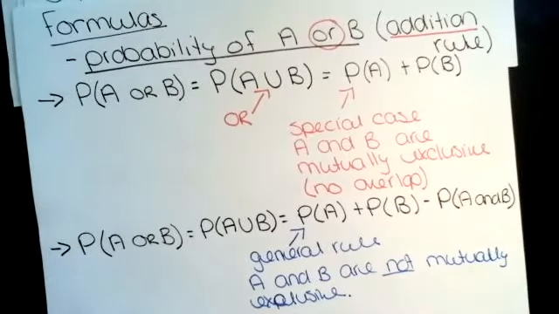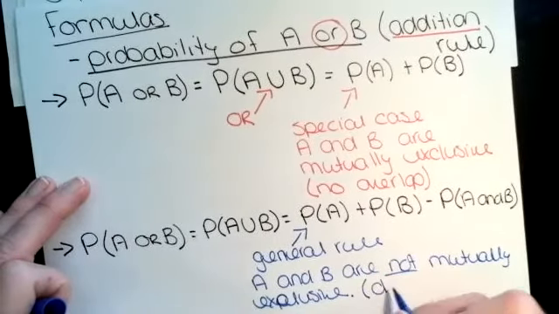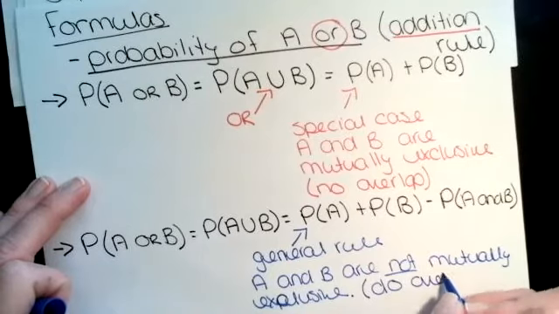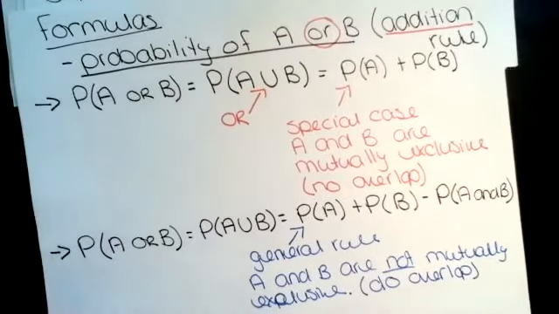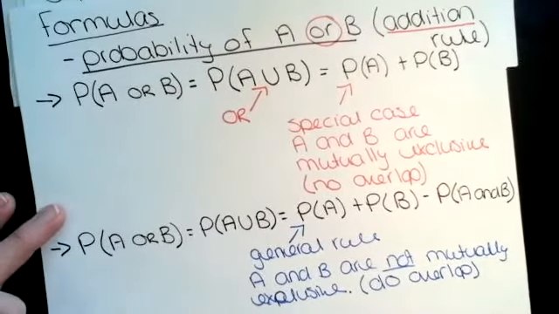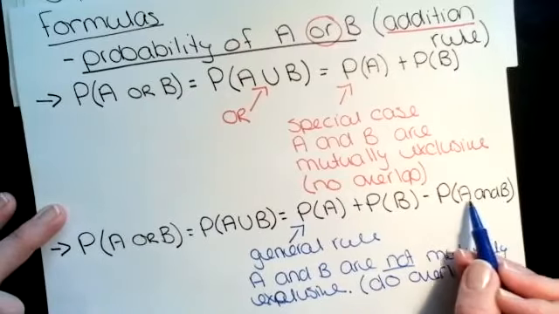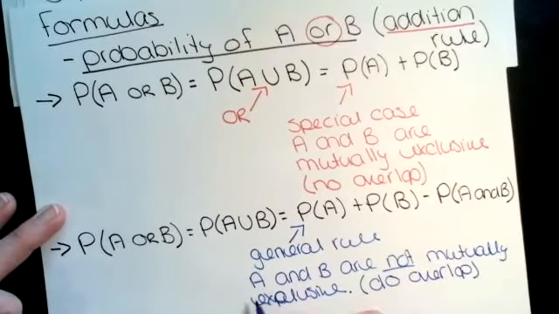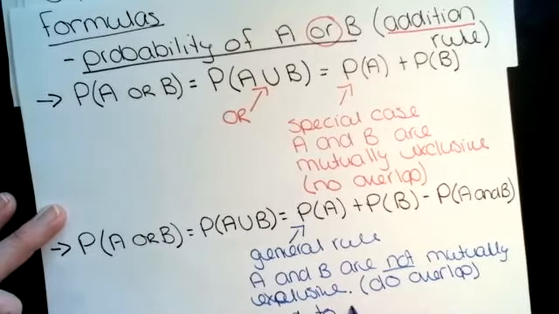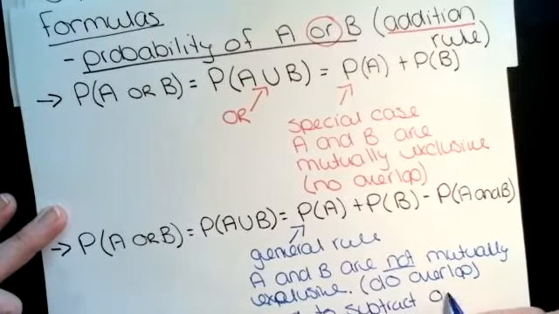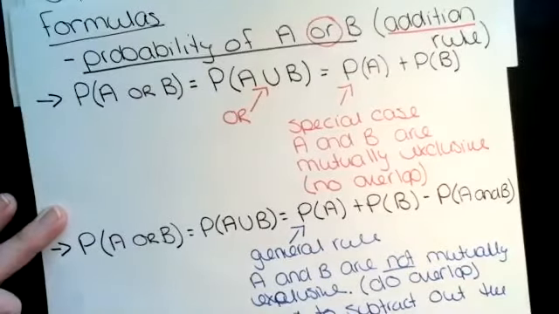Meaning that they do have overlap. Okay, I'll write that down. And what we have going on here at the end of this formula, this is where we need to subtract out the double counted for that overlap.